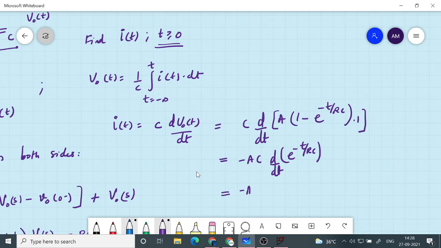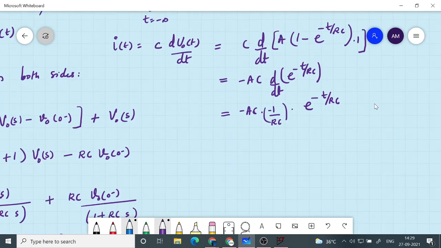This is equal to A into C into minus 1 by RC, into e raised to minus t by RC. So C cancels and minus minus cancel, so it is just A by R into e raised to minus t by RC. This is valid only for t greater than 0. For t less than 0, it is 0.